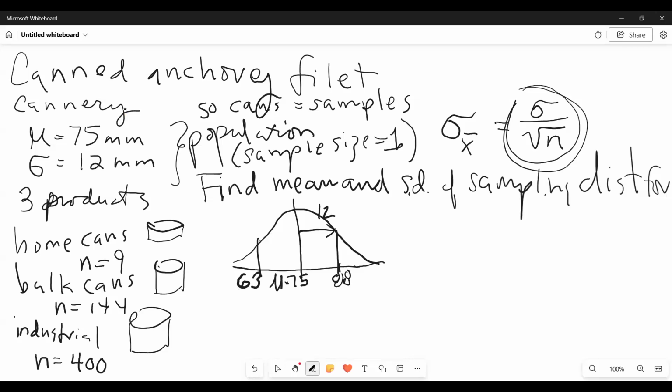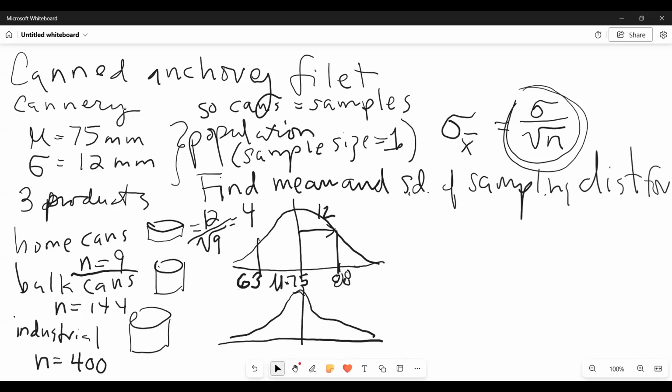All right, so for our home cans with n equals 9, we're going to have 12 over root 9, which equals 4 as the standard deviation. So if we're going to draw our normal curve, oops, that's terrible.